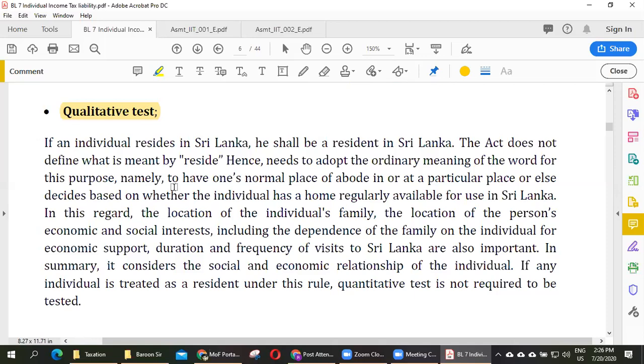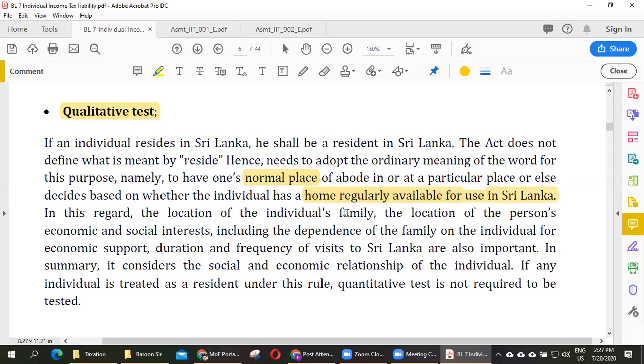The Act does not define what is meant by resides, and it is not clearly mentioned what reside means. Hence, we need to adopt the ordinary meaning of the word, namely to have one's normal place of abode in or at a particular place, or else reside based on whether the individual has a home regularly available for use in Sri Lanka.